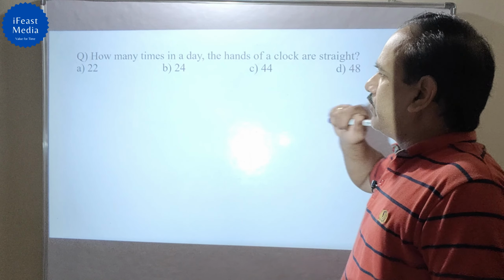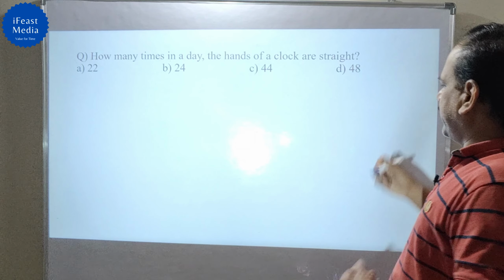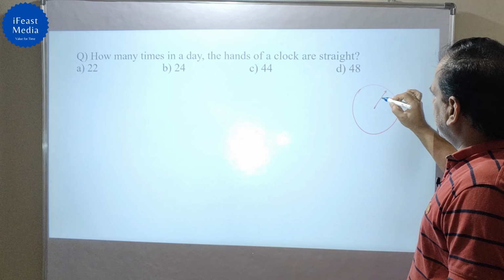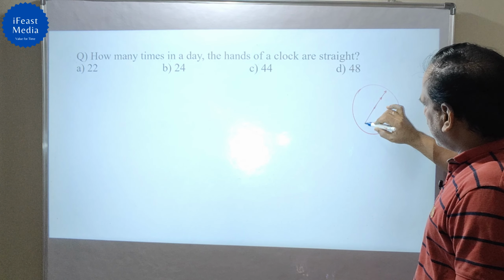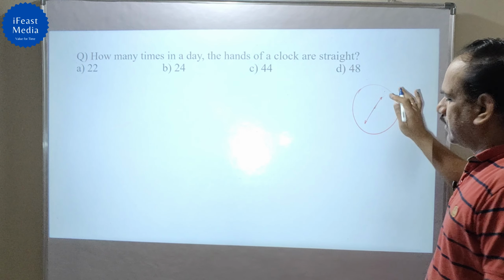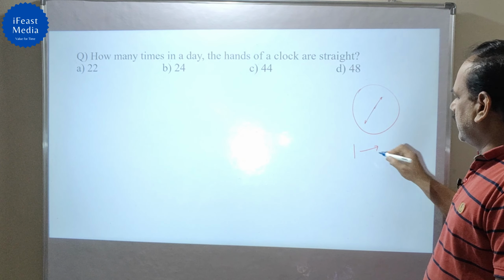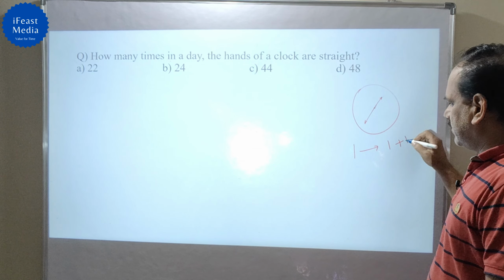Coming to this problem: how many times in a day are the hands of a clock in a straight line? When they are coincident, they are on the same straight line, and when they are opposite also, they are on the same straight line. So in 1 hour, they will coincide once and they will be opposite once.